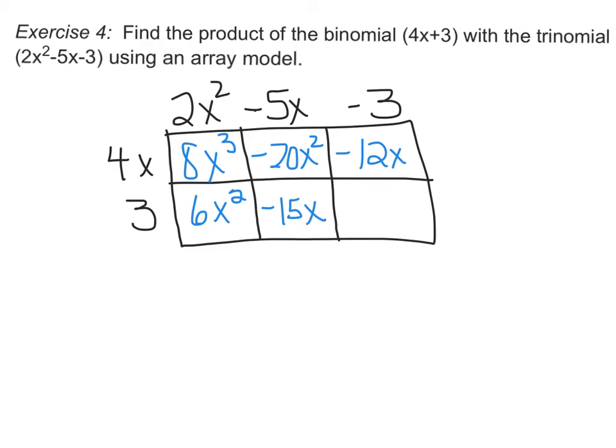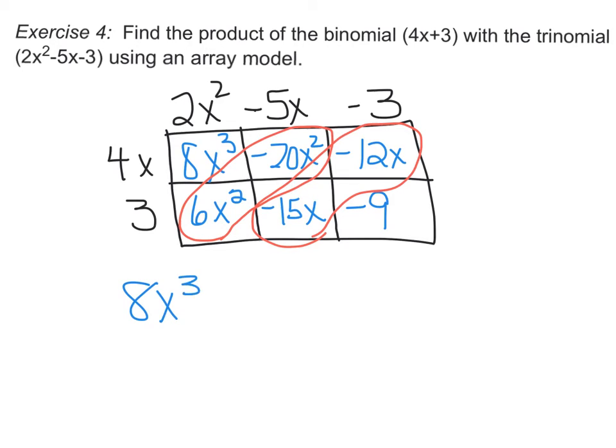And 3 times negative 3 is negative 9. Again, looking for like terms along the diagonals, I see that these two both have x squared. These two both have x's. So when I write my final answer, my product should be 8x to the third minus 14x squared minus 27x minus 9.